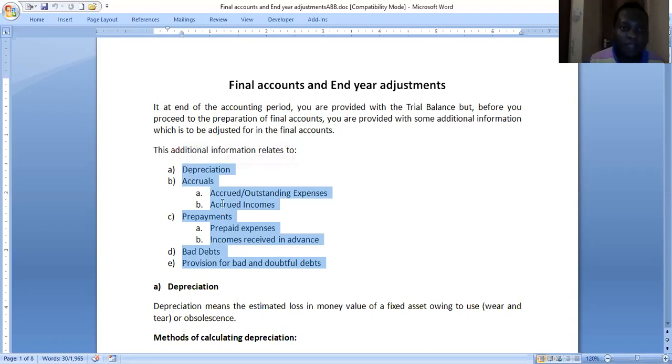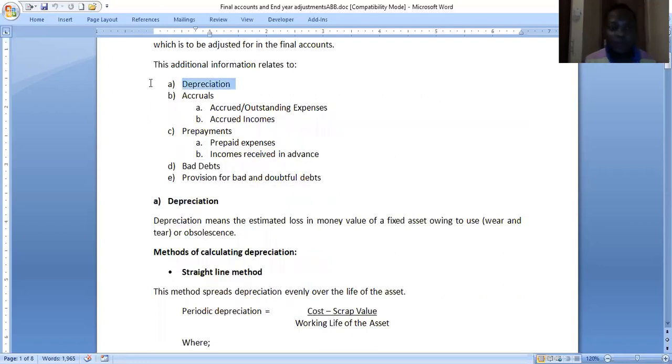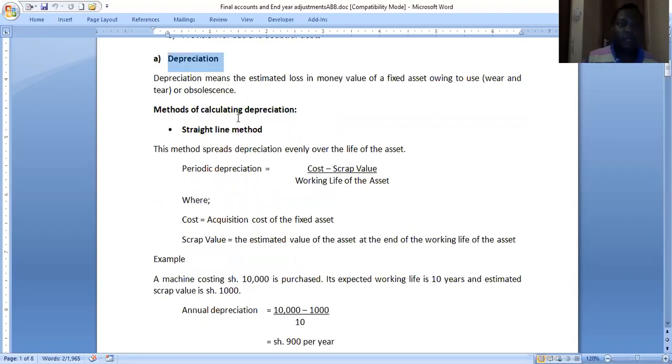So we begin with the first additional information or the first adjustment, that is depreciation. So what is depreciation? Depreciation means the estimated loss in the money value of a fixed asset over time, owing to reasons such as wear and tear, and owing to reasons such as obsolescence.